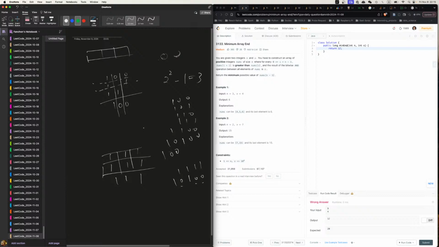So basically, let's say we have y number of zeros. So we have 2 to the y, that's the first round. And then now we start putting 1, 2 to the y, and then 2 to the y plus 1, 2 to the y plus 2. So that's kind of how many we can do.